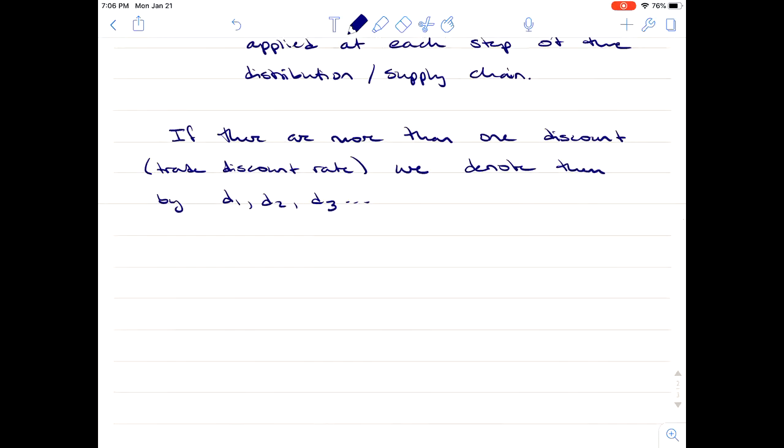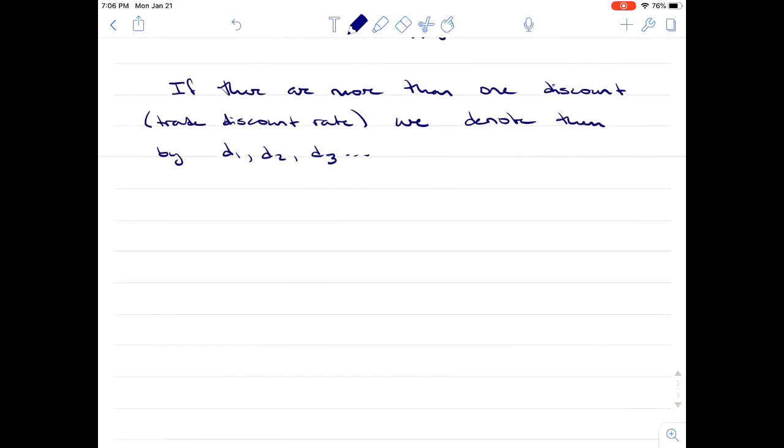So let's just do a little example. I'll write out the formulas that we have on our formula sheet, right? And so we have the net price is the list price times 1 minus the trade discount.